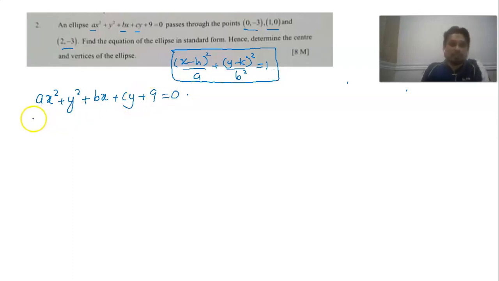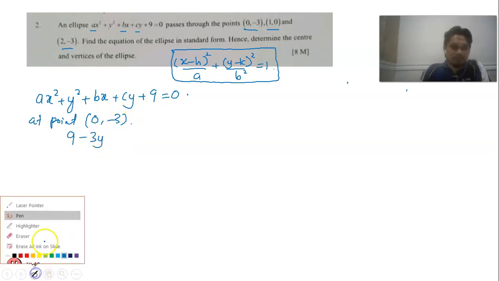At the point 0, negative 3, x equals 0 and y equals negative 3. Negative 3 squared equals 9, bx equals 0, and cy equals negative 3c.